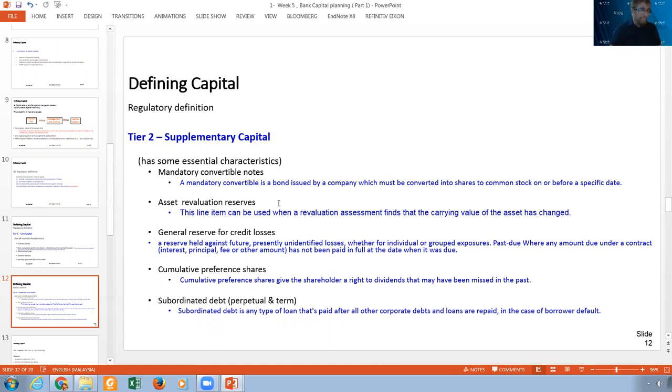If I come and reevaluate that land or that building which I acquired in 1965, I will have, for example, 300 million. I didn't sell it, I just reevaluated, and if it's worth 300 million and it was in my books for 1 million, that 299 million is a revaluation reserve.